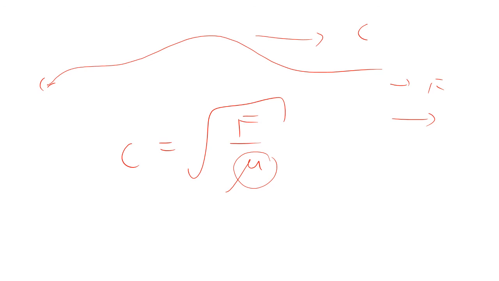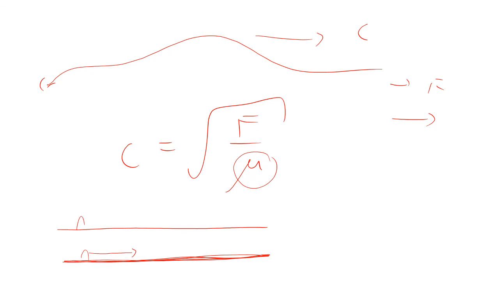In other words, I can think of a guitar string. You have one guitar string, and you can have another guitar string that's thicker. If you pluck both, the thicker guitar string has more mass per length in it, and so a wave goes slower on the thicker string than on the narrower string. Also, you can change the tension.